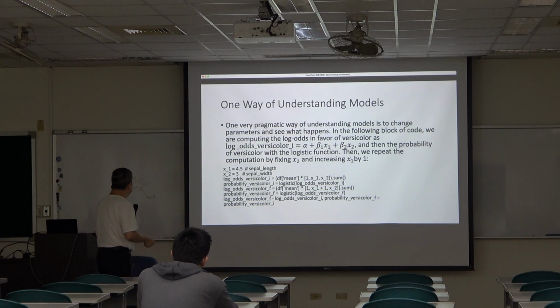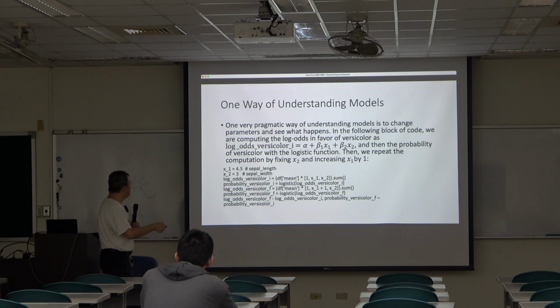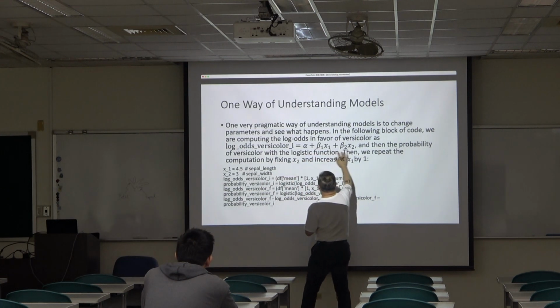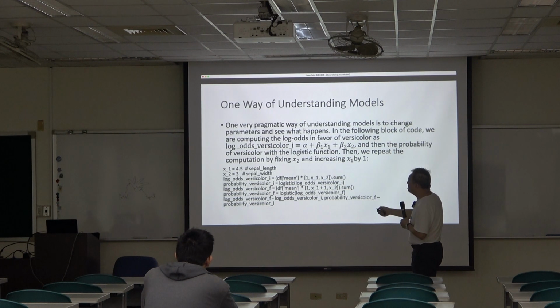So one way of understanding the model is to change parameters and see what happens. In the following block of code, we are computing the log odds in favor of versicolor, and then the probability of versicolor with the logistic function.